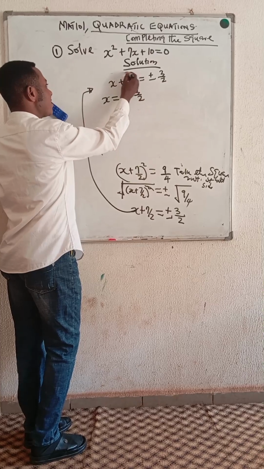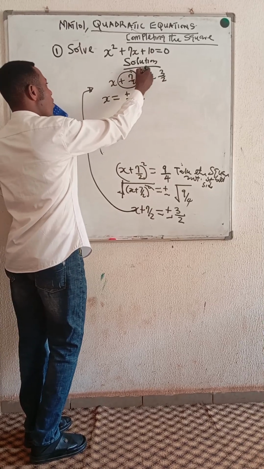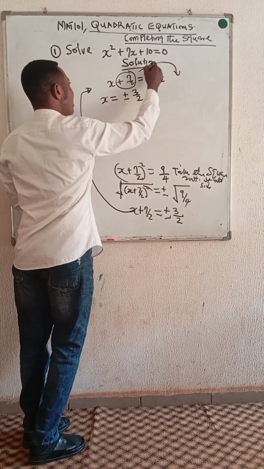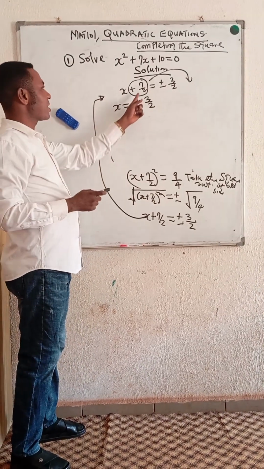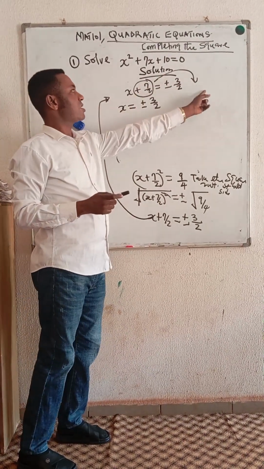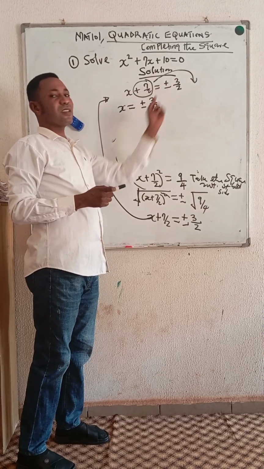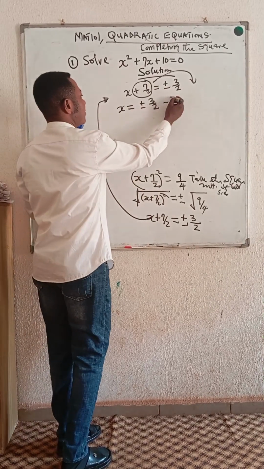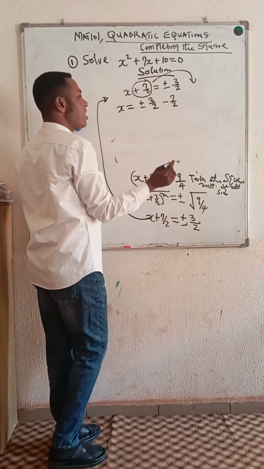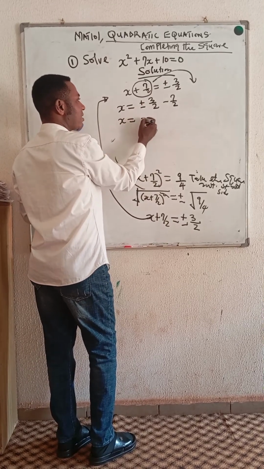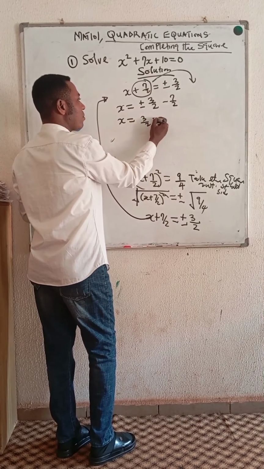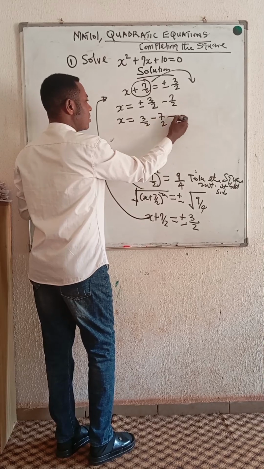This plus 7 over 2 will be taken to the right, because we want x to be left alone here. That is why 7 over 2 will be taken to this side. As it is crossing this sign, it becomes negative 7 over 2. So the first value of x, let's pick the positive side, is 3 all over 2 minus 7 over 2.